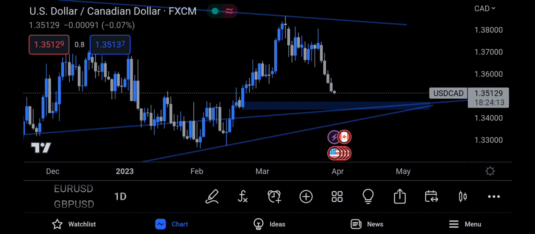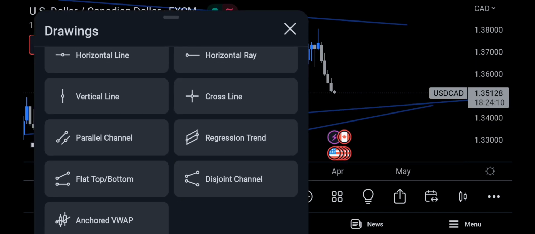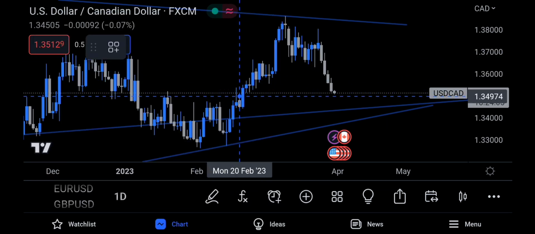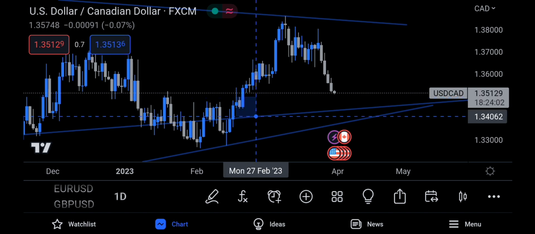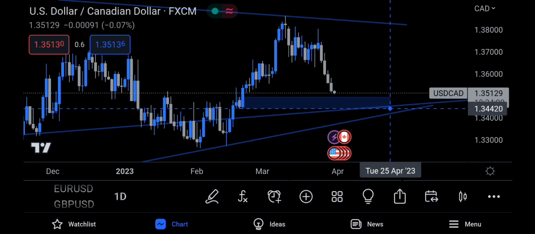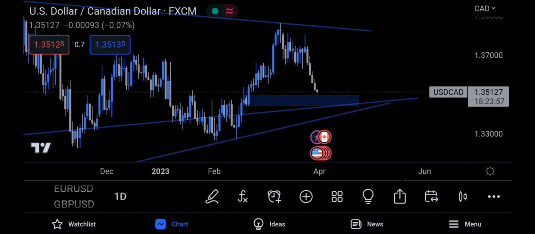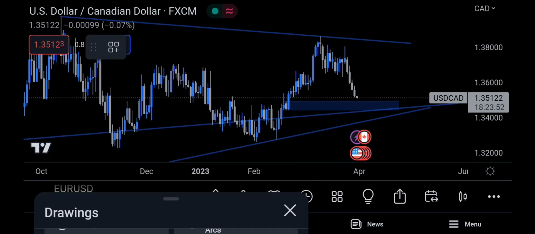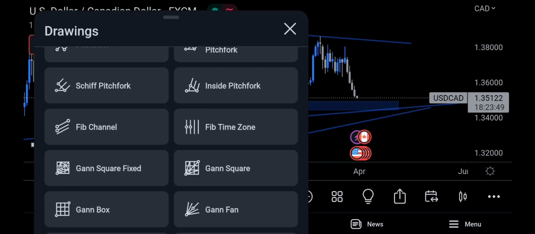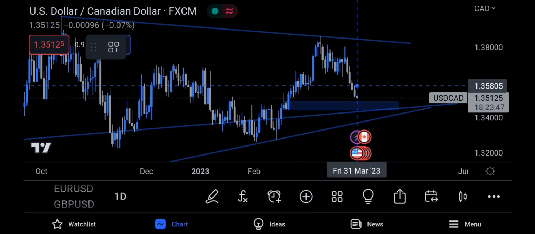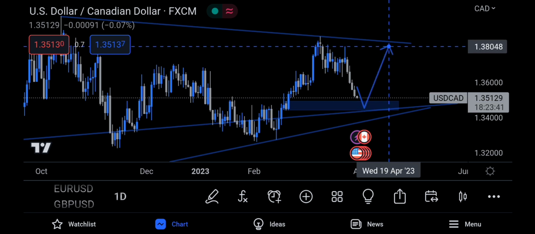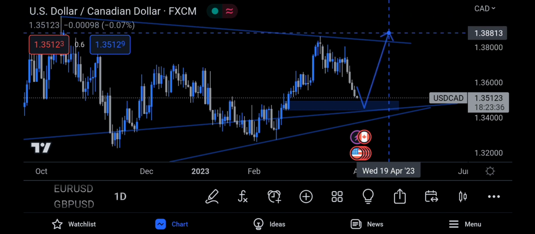Let me draw it very well. Here we have a daily order block that we expect price to tap into, something of this nature, then we see a possible bounce off again.